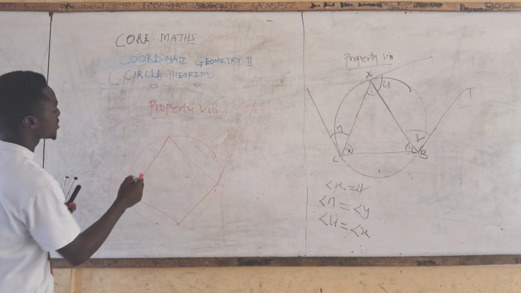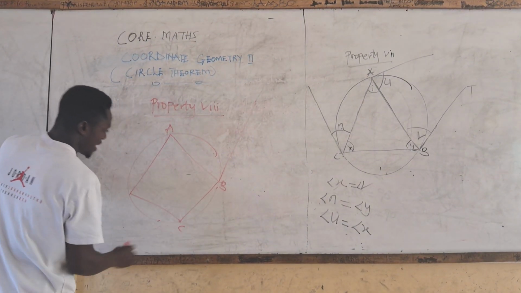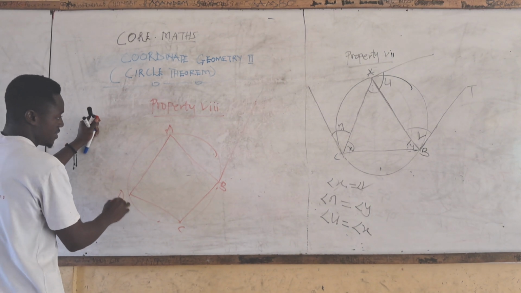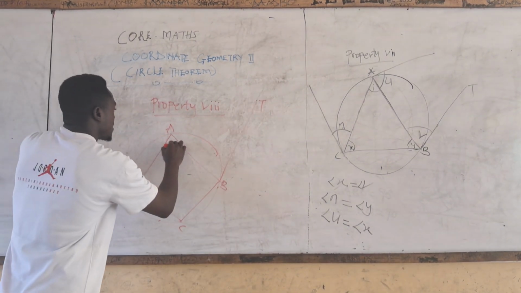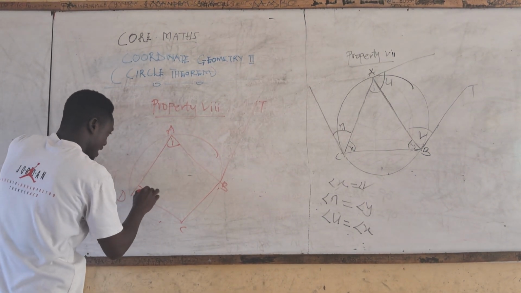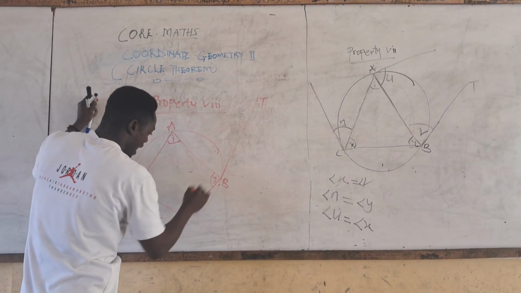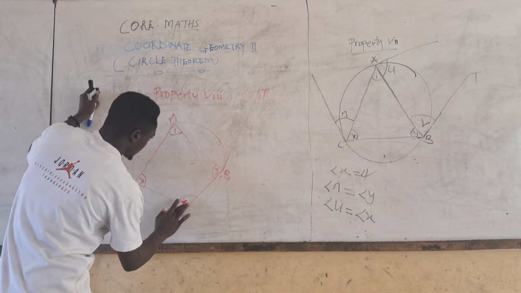Let's label this A, B, C, let's say D. Then this is a tangent. Let's label the angles: this I, this X, this Y, and this one V.